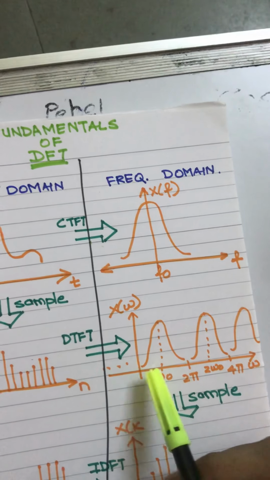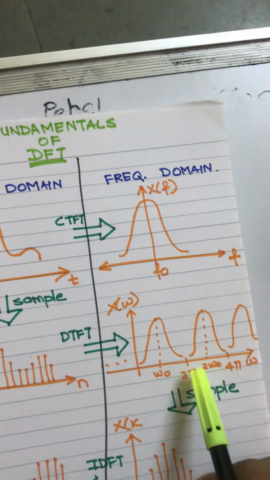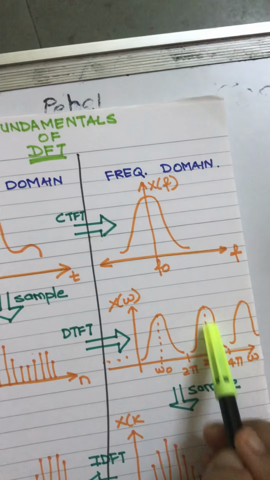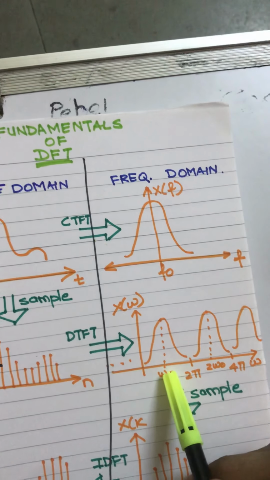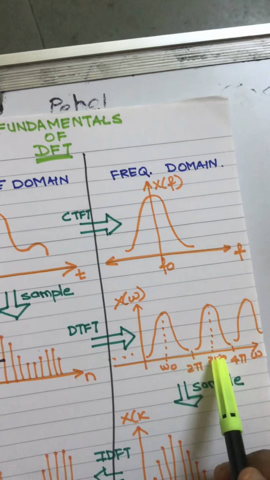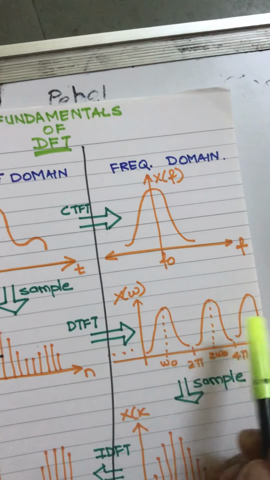So the first energy bundle is from 0 to 2 pi, and the same energy bundle gets repeated from 2 pi to 4 pi. There will be a peak. Peak again is the fundamental frequency, omega naught, twice omega naught, then thrice omega naught, and so on and so forth.